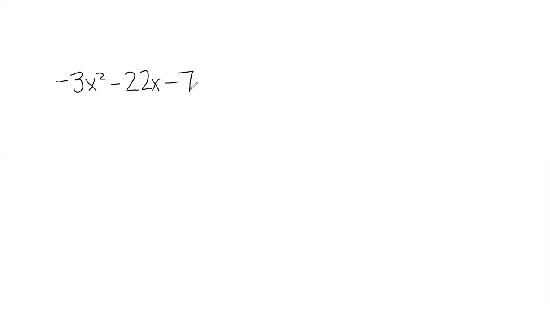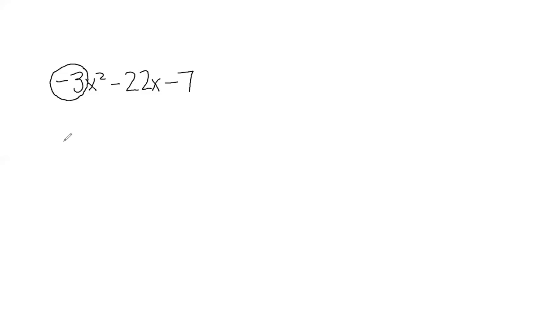So remember when we were going through the lesson yesterday, we said that we're always going to divide out any number that I can divide all of my terms by. And I don't really have a number that I can divide them all by other than negative 1. Remember, anytime your first term is a negative, we want to make sure we divide that negative out before we try to do anything else.